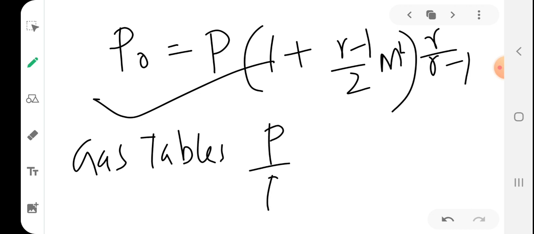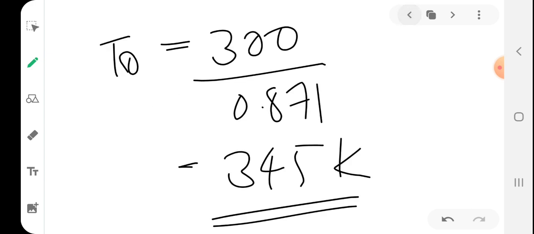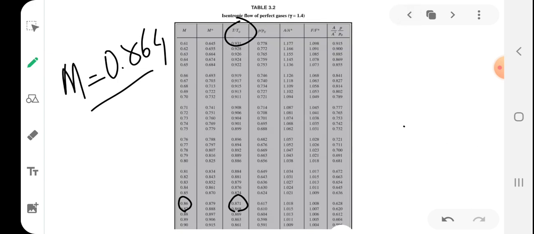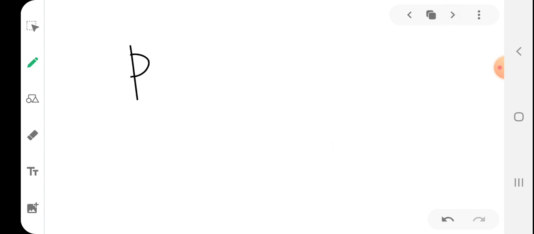P by P0 corresponding to Mach equal to 0.865 is around, we get from this P by P0, here you can see some 0.617, right? 0.617.